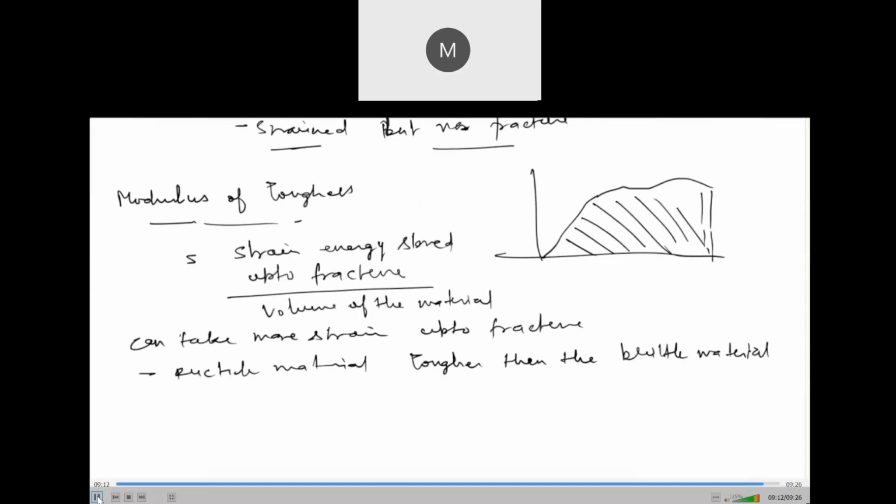So mild steel would be tougher than cast iron.